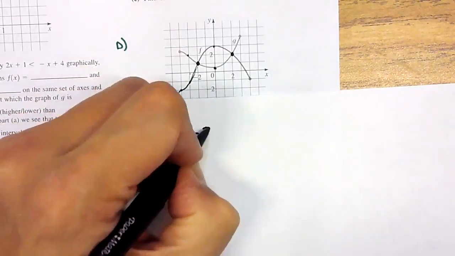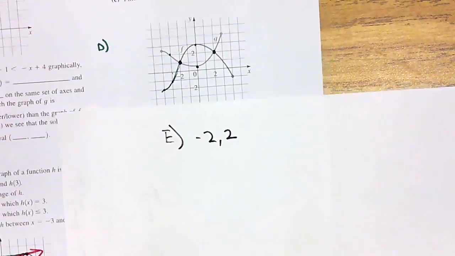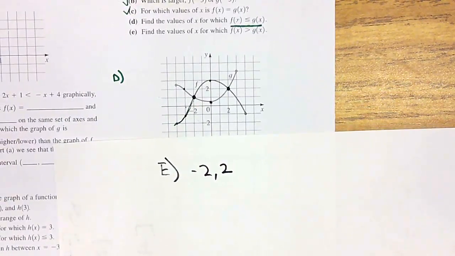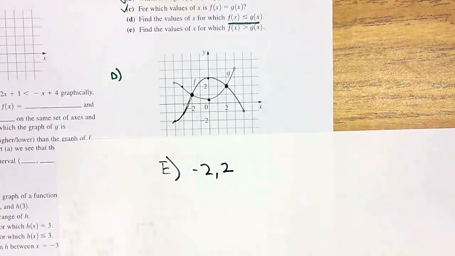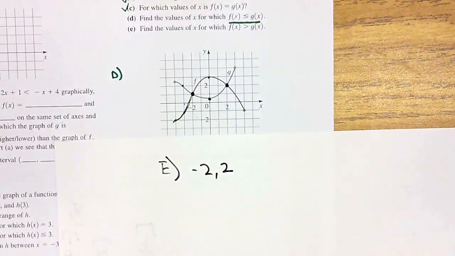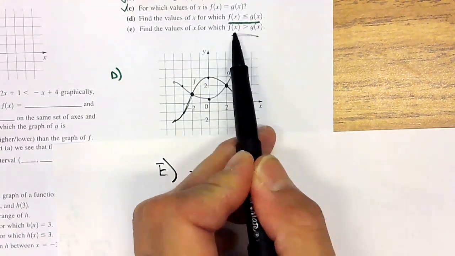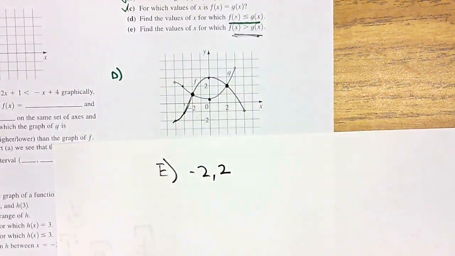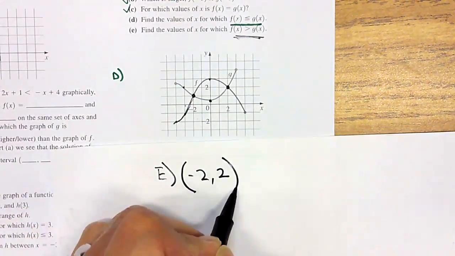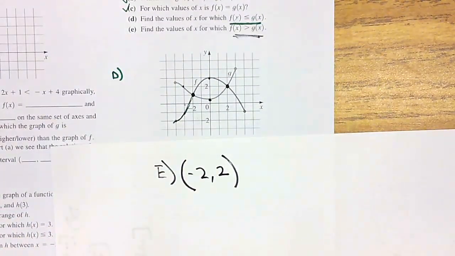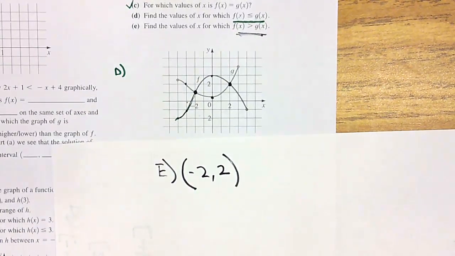So E is -2 to 2, bracket or parentheses? I heard both answers. So is it bracket or parentheses? Now we want f of x greater than g of x. Okay. So it'll be parentheses, because it's just greater than, right? It's not greater than or equal to. And at 2 and -2, they're equal. Okay. All right.